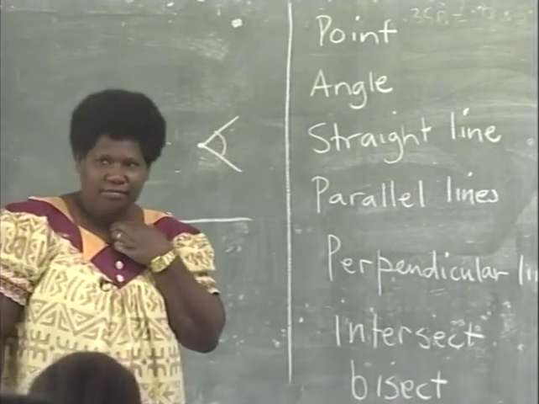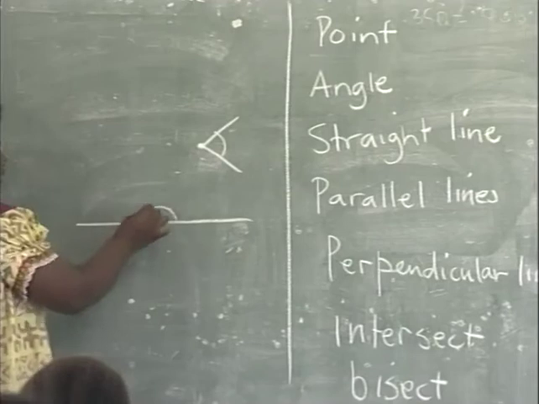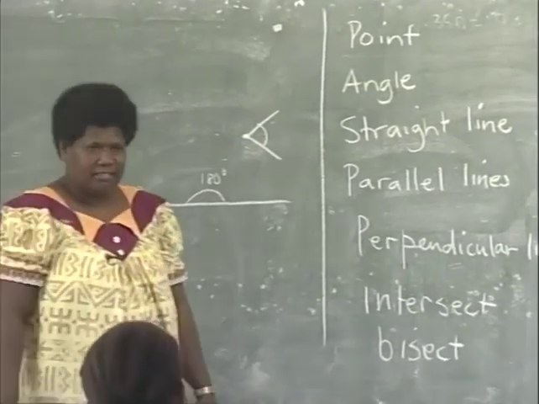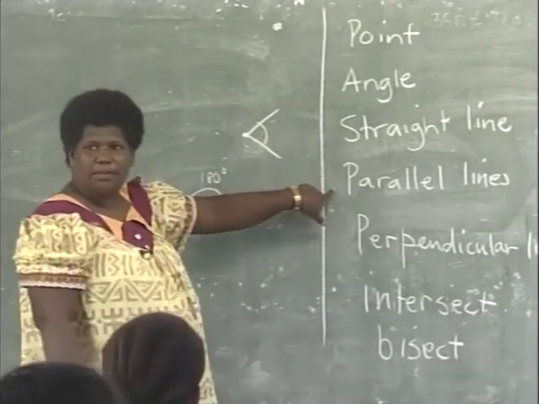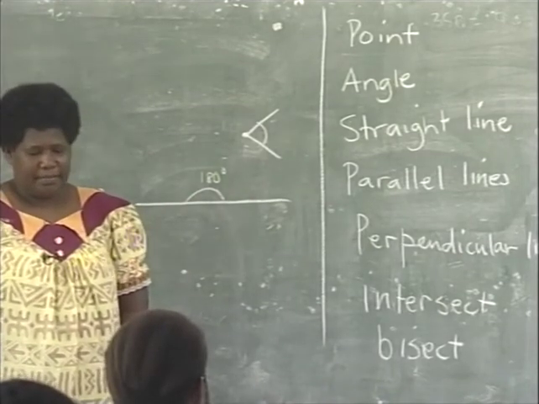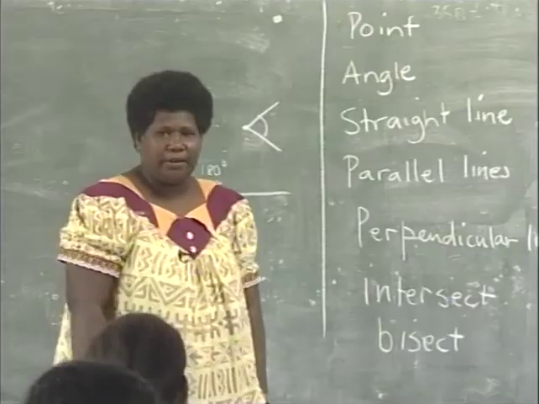Equal to 180 degrees, you mean the angle of a straight line? Yes. Okay. Good. That's a straight line. Parallel lines. What are parallel lines? Jake. Two straight lines that never meet. Two straight lines that never meet are called parallel lines.